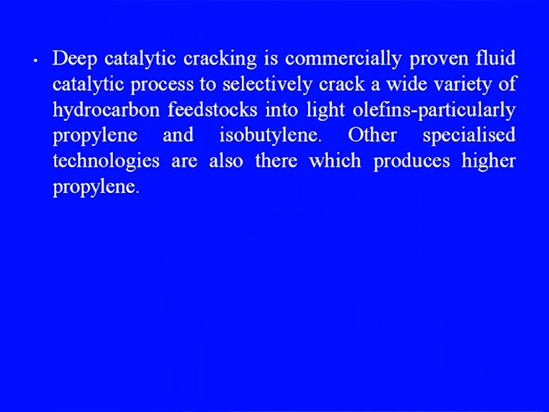In this area, the development in the FCC to meet the demand of propylene is deep catalytic cracking, which is a commercially proven fluid cracking process to selectively crack a wide variety of hydrocarbon feedstock into light olefins, particularly propylene and isobutylene.